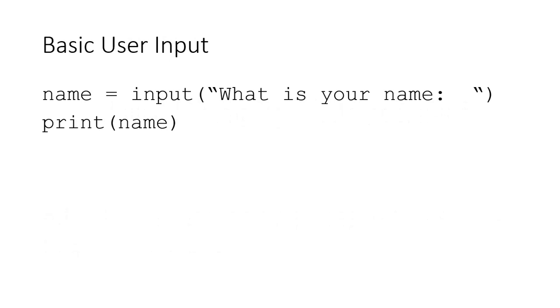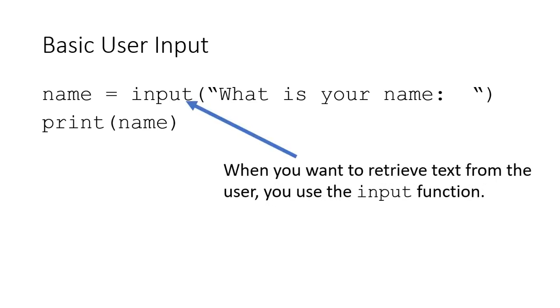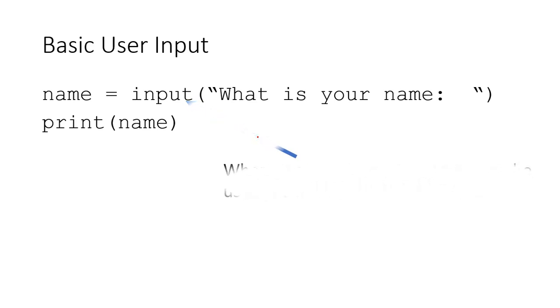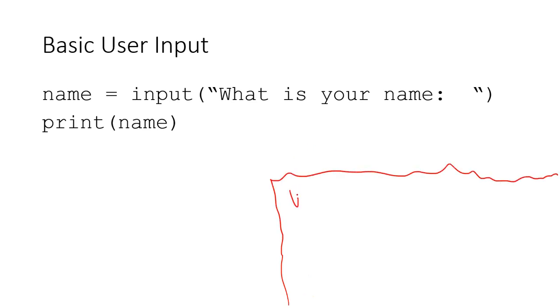So let's take a look at what this looks like. This in my program is the general format of what it's going to look like. The input function is when you want to retrieve text from the user. What's going to happen in my program, and this is my console right here, is what pops up: what is your name?